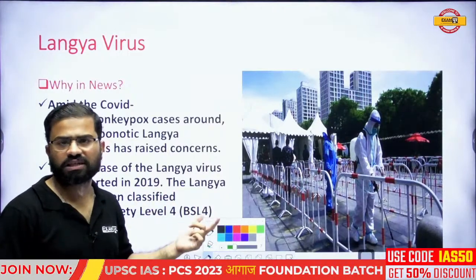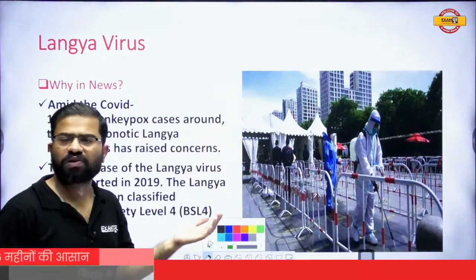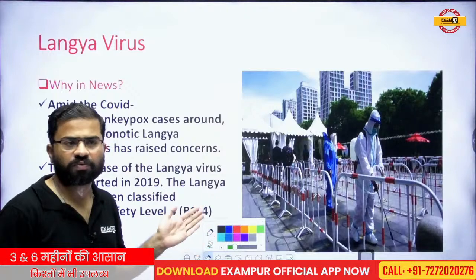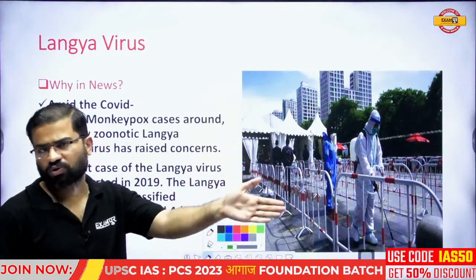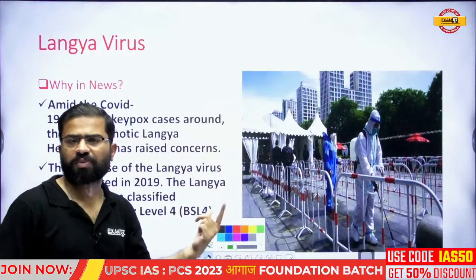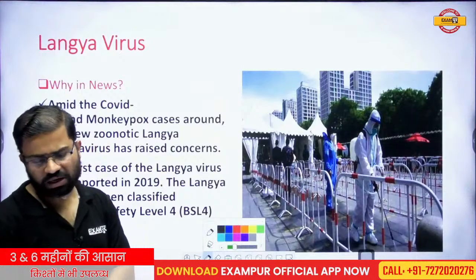The coronavirus was found in bats, then transferred to the pangolin, and after the pangolin, to the human. So transfer from animals to humans is called zoonotic disease.